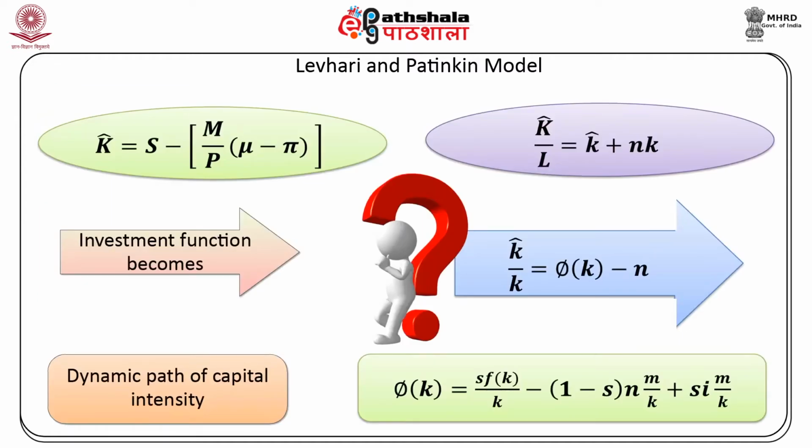K hat = S − (M/P)(μ − π), and K hat/L = K hat + nK. Using all these functional relationships, the investment function becomes K hat/K = φ(k) − n. This can also be termed as the dynamic path of capital intensity. φ(k) = s f(k)/k − (1 − s) n (m/k) + s i (m/k).